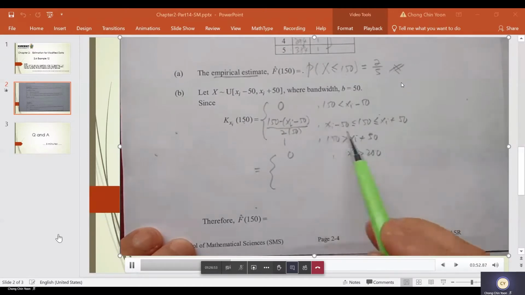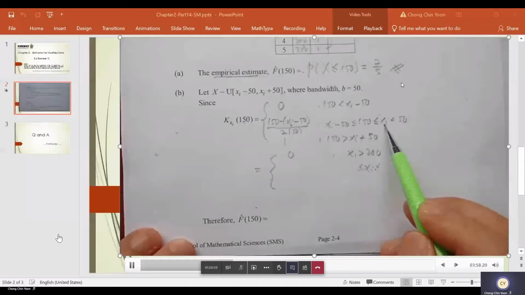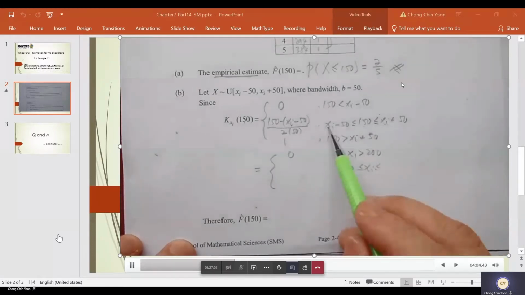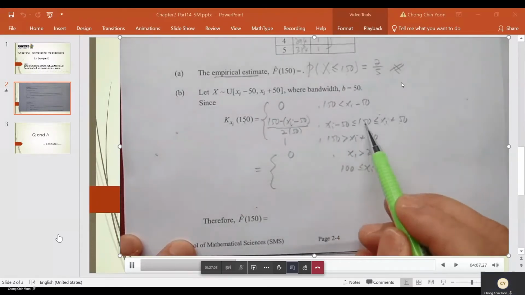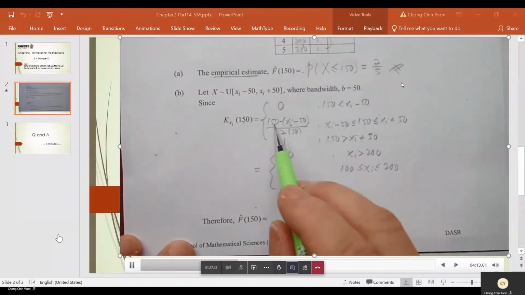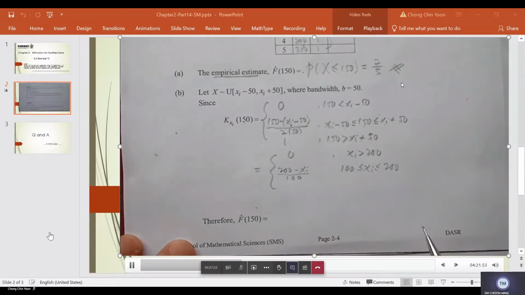And for the second interval here, xi is greater than 150 minus 50, that is 100.